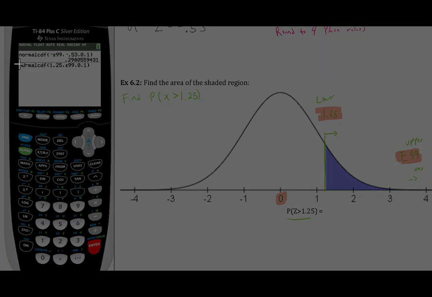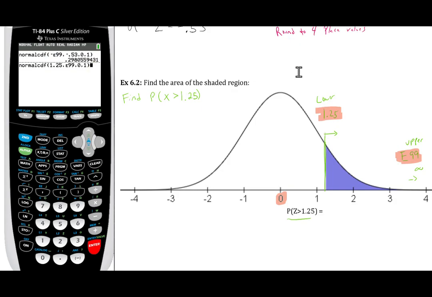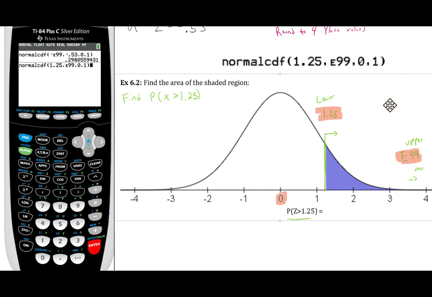And from here, I'm going to just explain this. If you have the older display calculator, no big deal. Let me just make this a little bit bigger so I can actually write this all in here. We're going to do the same thing we did before. The 1.25 is the lower value, comma, E99 is the upper value, comma, the mean, comma, the standard deviation.